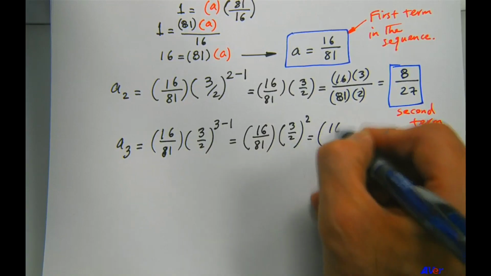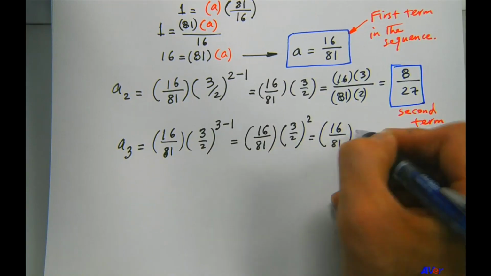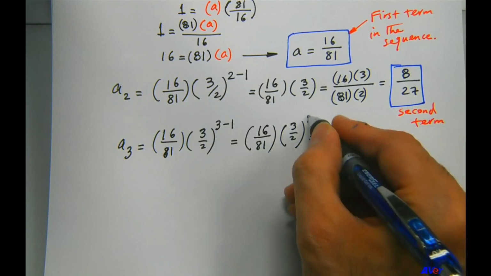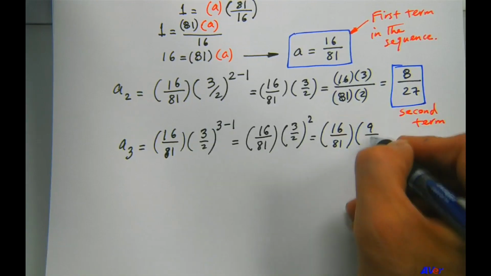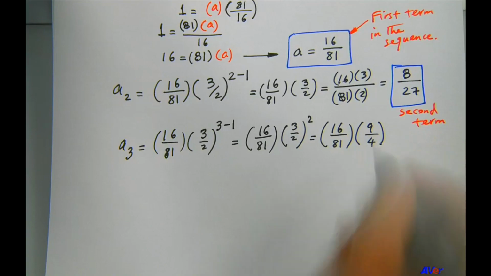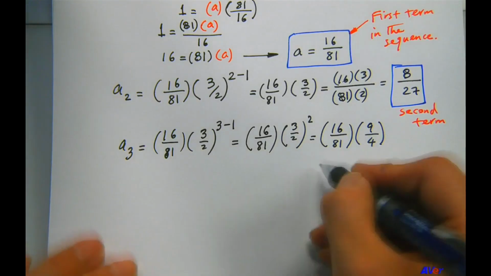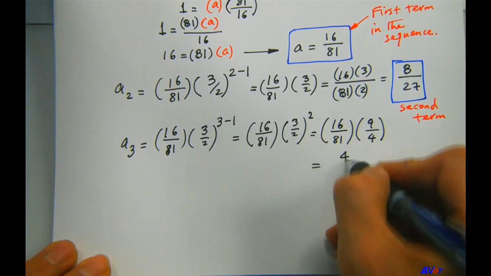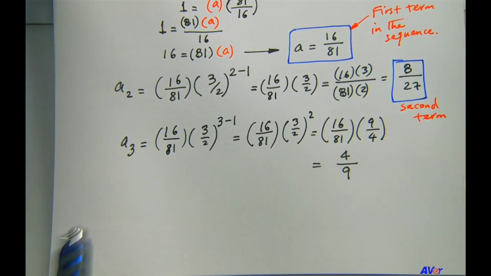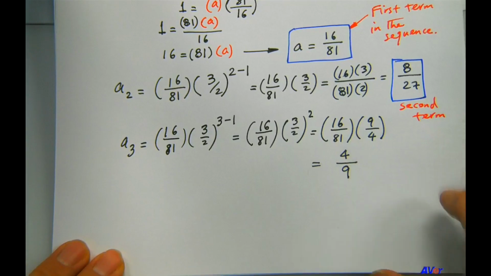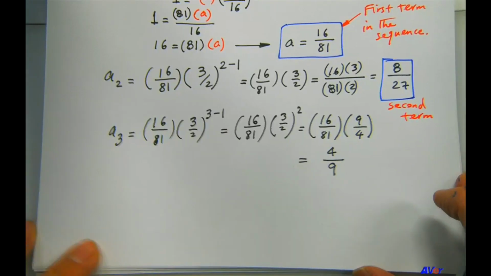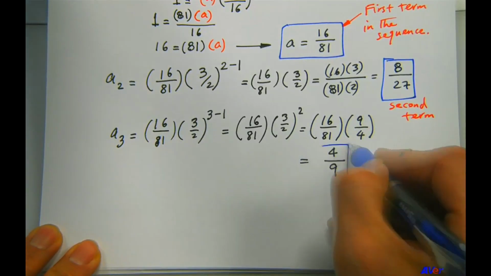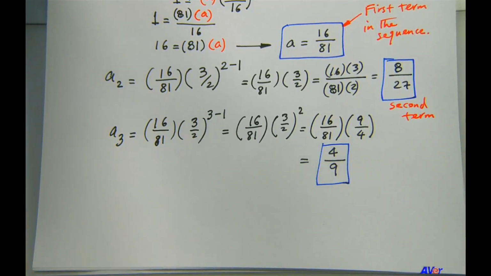So we have 16 over 81 times, distribute this power, we get 9 over 4. Certainly we can simplify that, right? After simplifying, we get 4 over 9. And that is the third term in the sequence.